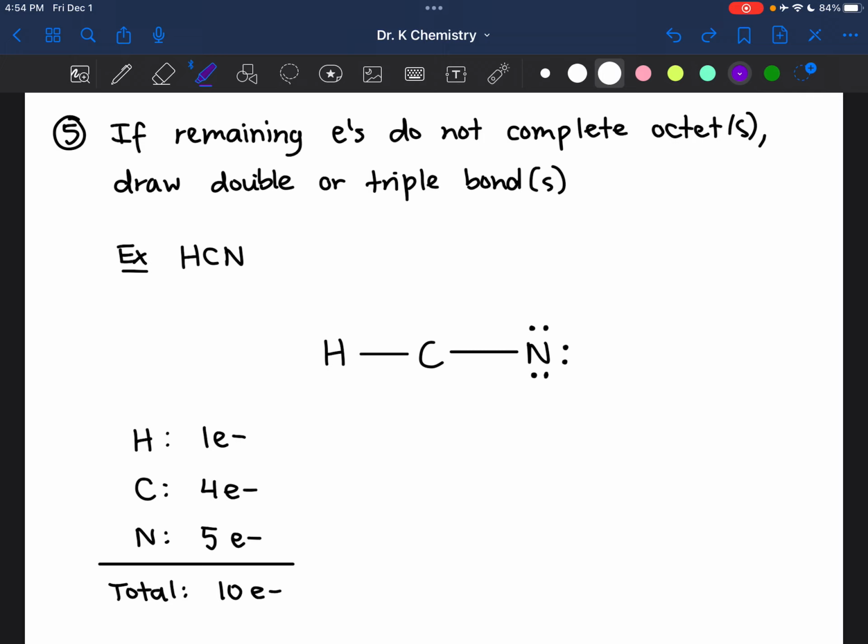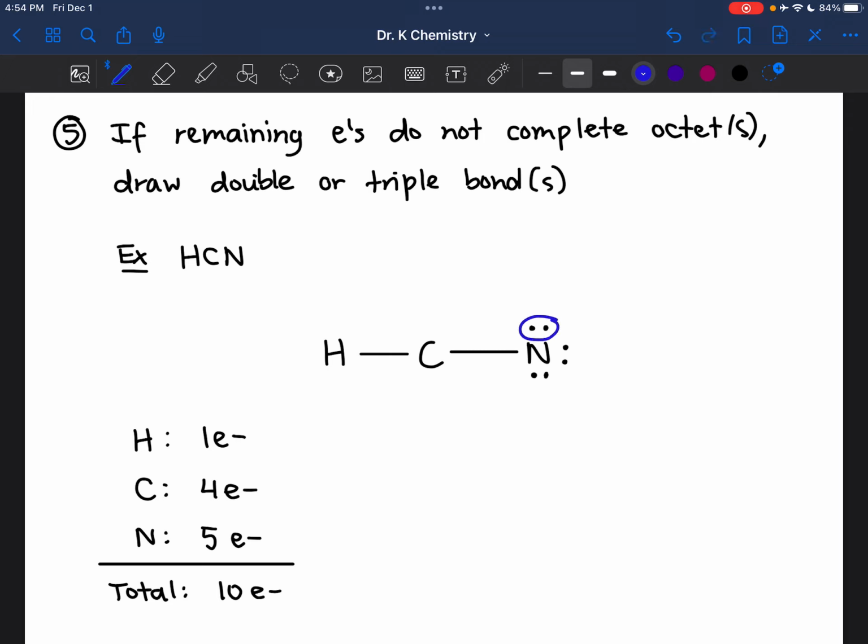But notice right now that I've used all of the electrons available, but carbon does not have an octet. Nitrogen is happy, hydrogen is happy, but carbon only has 4 electrons and it needs 8. And I can't add any more electrons because I've already used up all of the ones that are available.